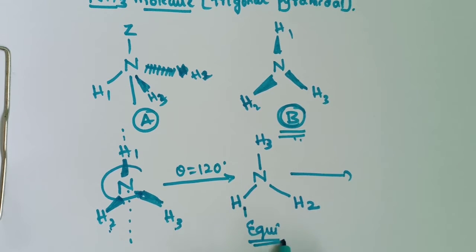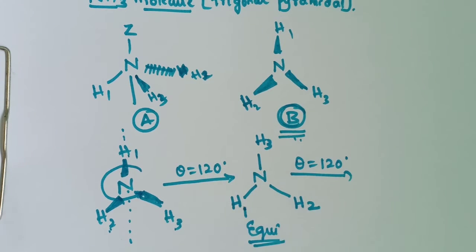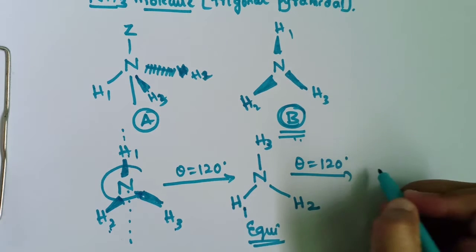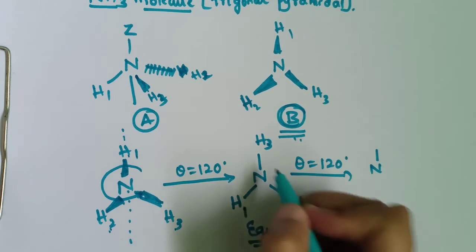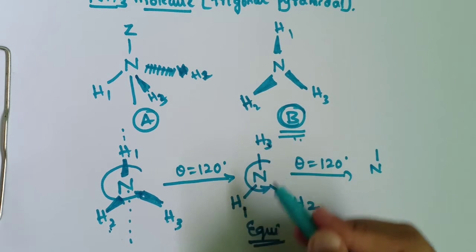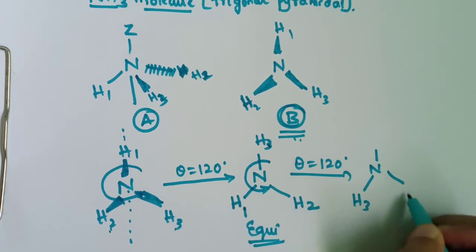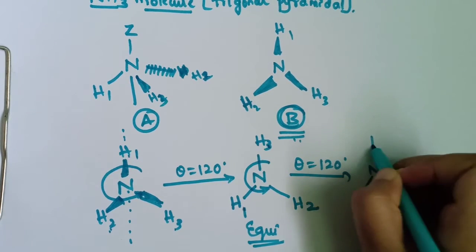Next, again by rotating 120 degrees, now this H3 will come this side, and this one will go this side. So again rotated by 120 degrees. Next, this H3 will come to the H1 place, and in the H2 place H1 will come, and here it is H2.